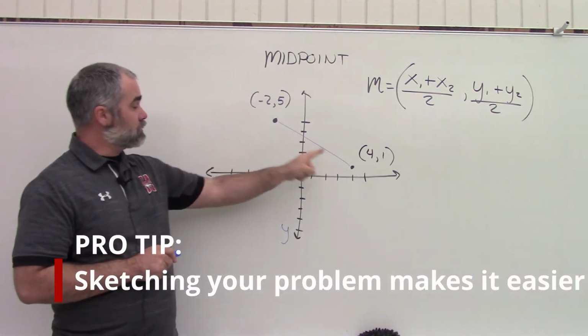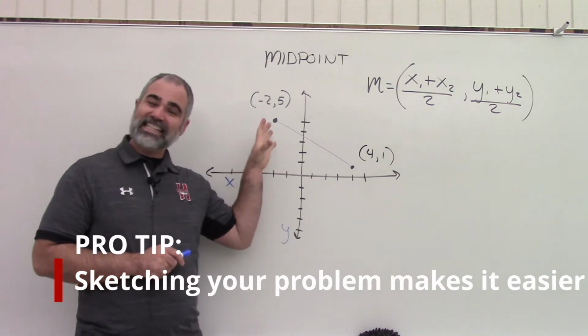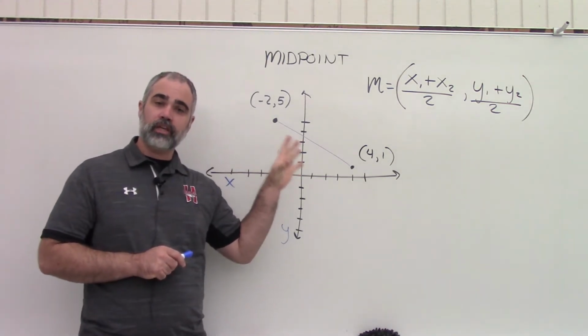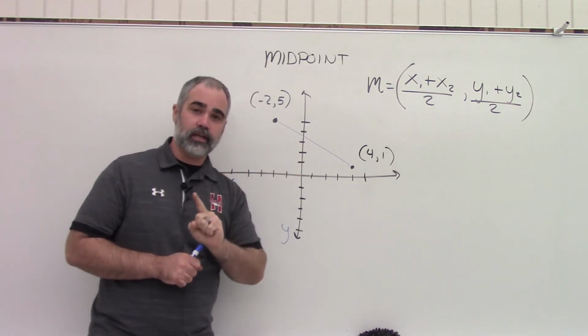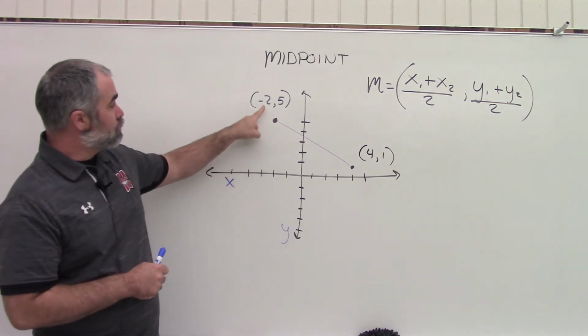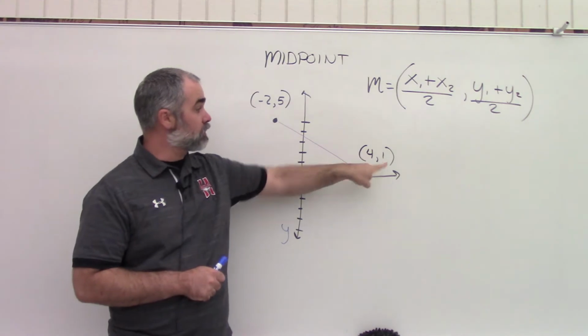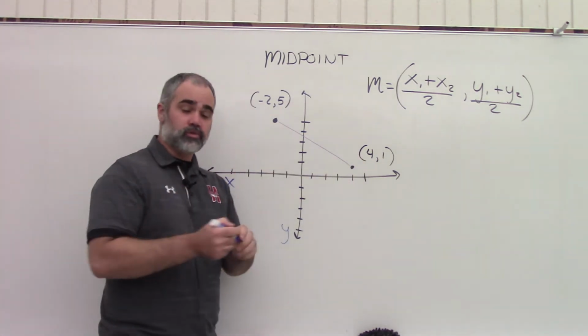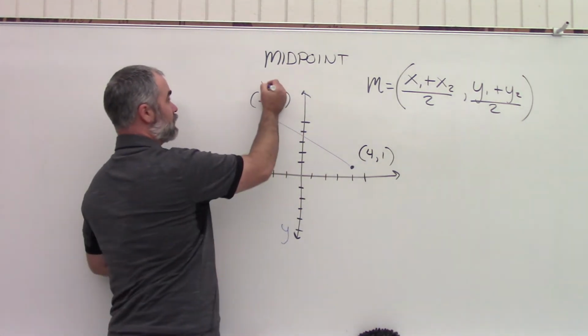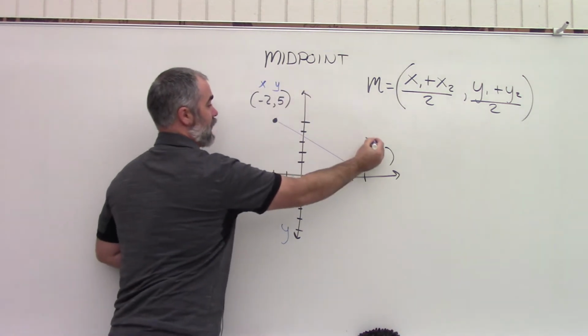So what I want to do here is find the average of each part. But because the coordinate always has two parts, an x part and a y part, we usually think about these that way.